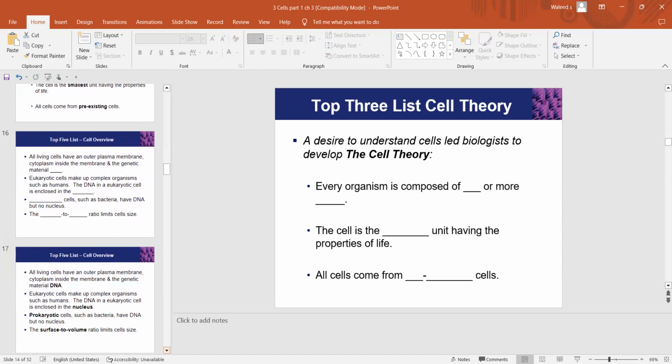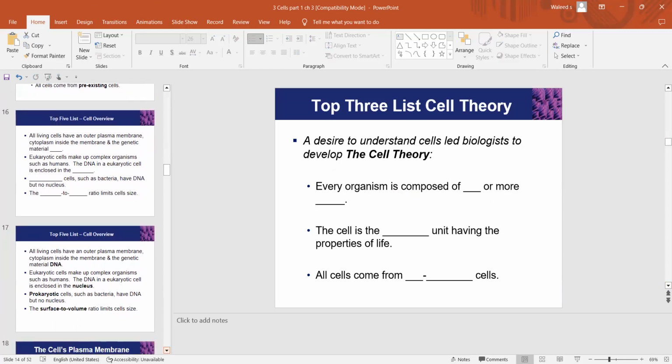Okay, the cells is smallest, basic. Smallest and basic, yes. All cells come from? Pre-existing. Pre-existing, yes. Very good, very good.